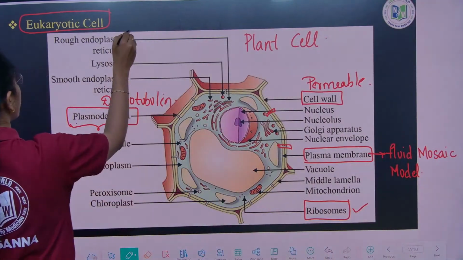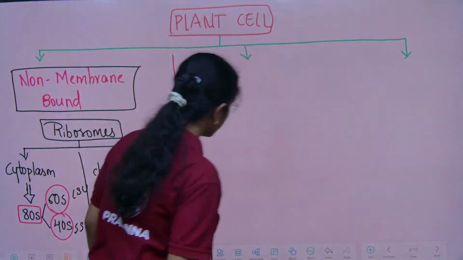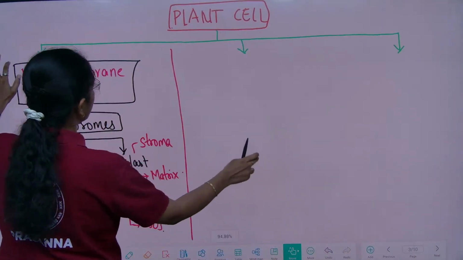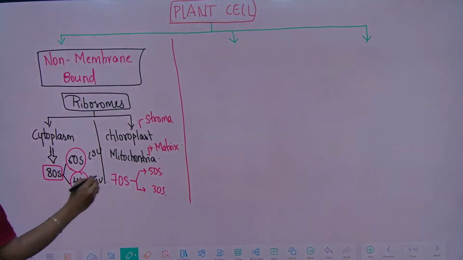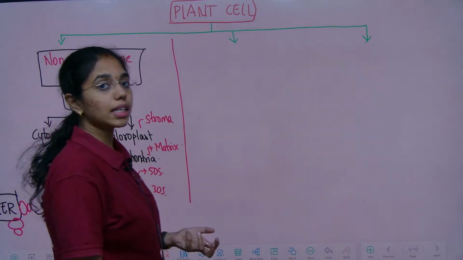And at one more place you will find these ribosomes, that is, over the surface of the rough endoplasmic reticulum. The ribosomes which are present over the rough endoplasmic reticulum are 80S only. So, where do you see these ribosomes?